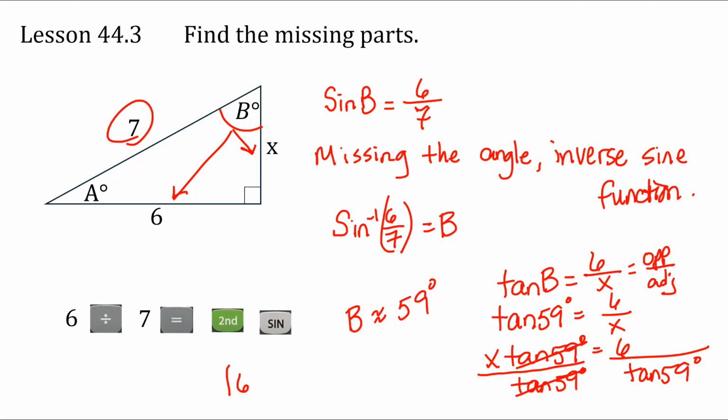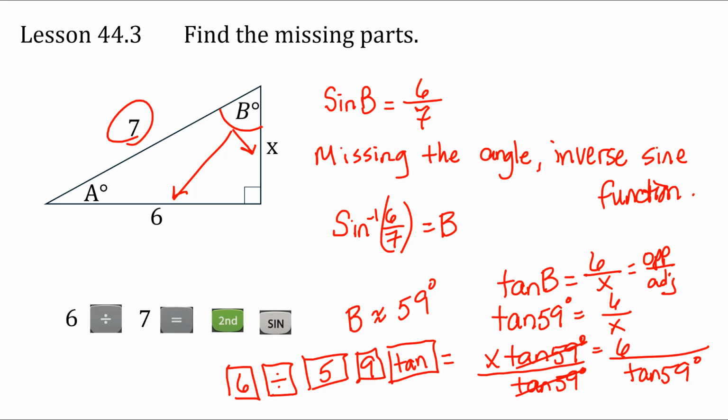I will punch in 6 divided by 59 tangent. And then I have to hit equals. So I'm not dividing 59 by 6. Let me just make sure you understand that. I hit 6 divided by, and then the way my calculator understands tangent 59 is for me to punch in the 59 first and then hit tangent.